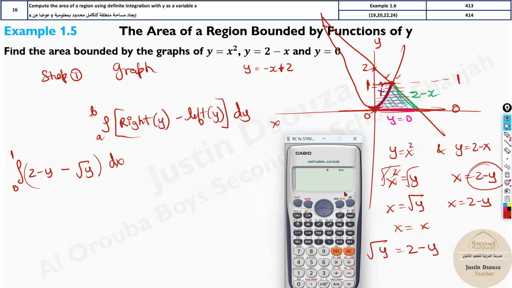It might take a few seconds, and it's 0.833. That's the final answer. So the area is 0.833 units squared. Because we don't know exactly what the unit is, just write unit to the power 2. So that would be the final answer.